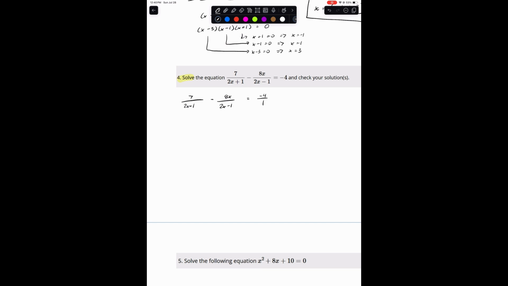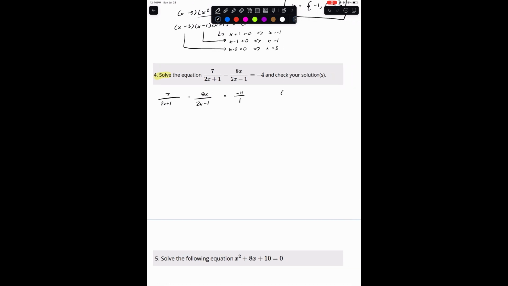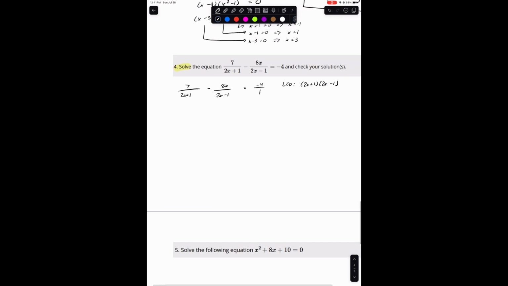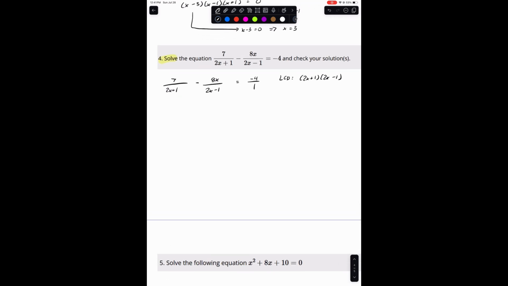So the common denominator is just (2x + 1)(2x - 1). Or not greatest, we'll do like least. I don't know what the word would be. But anyways, we want this to be our denominator.